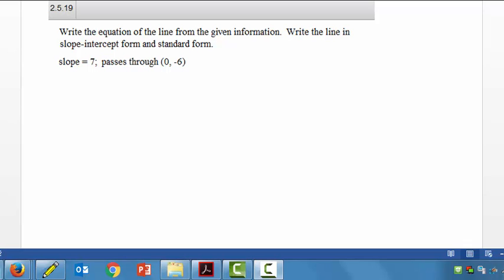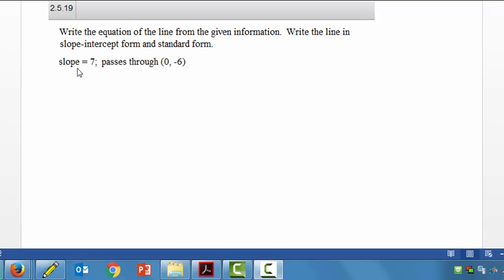So on number 19 from section 2.5, we want to write the equation of the line in slope-intercept form and standard form that has a slope of 7 and passes through the point (0, -6).